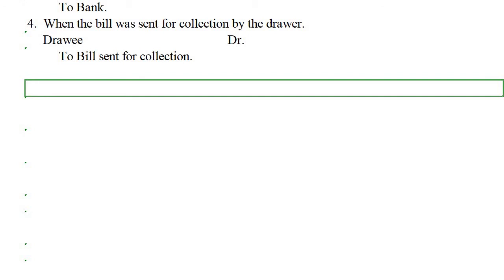Now here the short note which we have to discuss is noting charges. That means when a check becomes dishonored, it should be notified with the notary public. That means he should state on the face of the check that this check was dishonored.